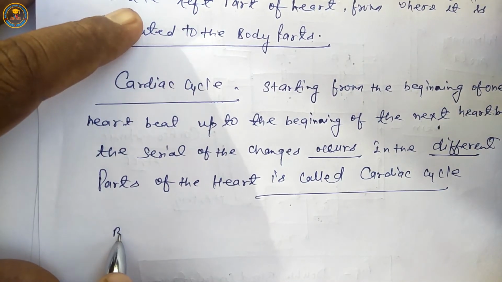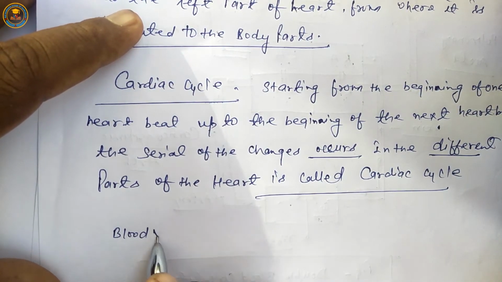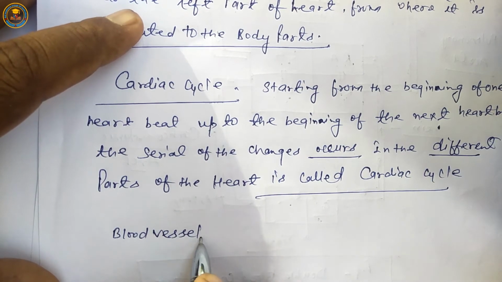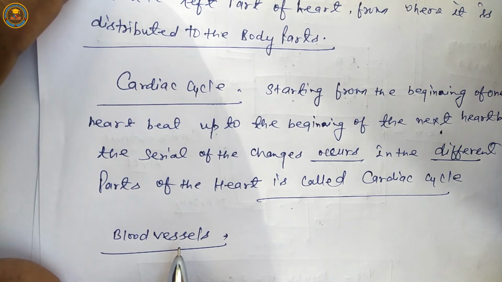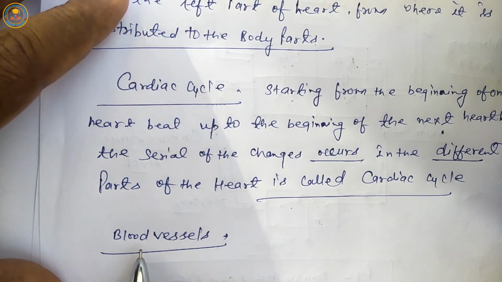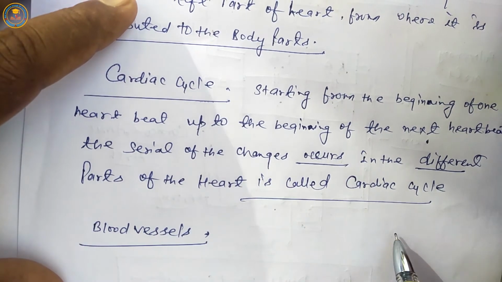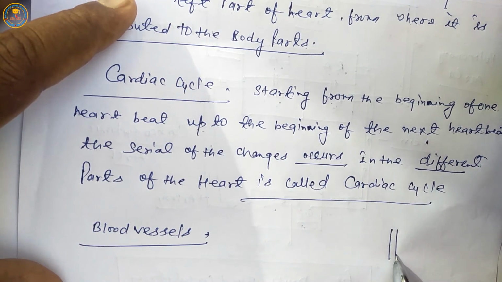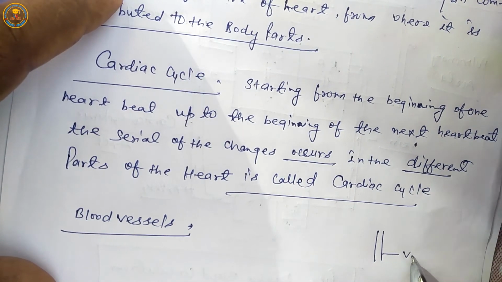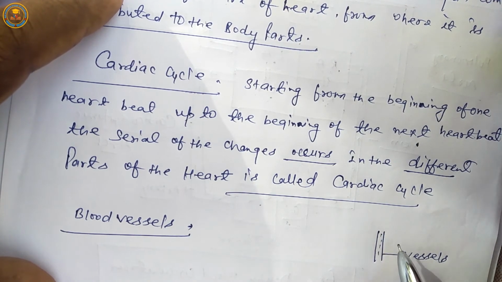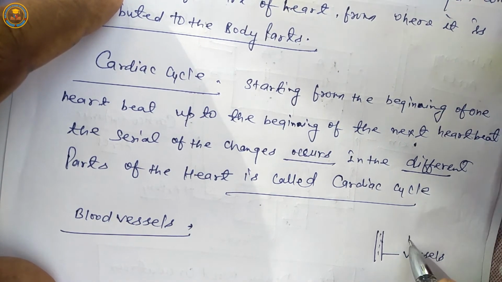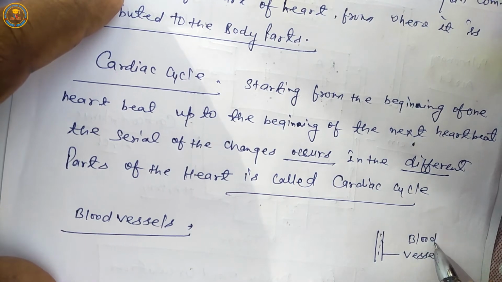Next is blood vessels. Students, these are tube-like structures through which the fluid connective tissue flows. In tube-like structures the blood flows, so they are called blood vessels.